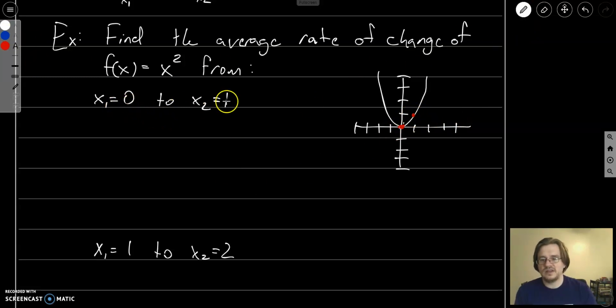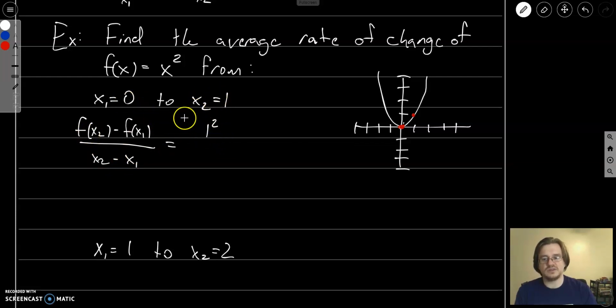So what I do is plug these in and figure out how much it has changed versus how far over we went. So I want f(x2) minus f(x1) divided by x2 minus x1. At 1, the height of the function is 1 squared.